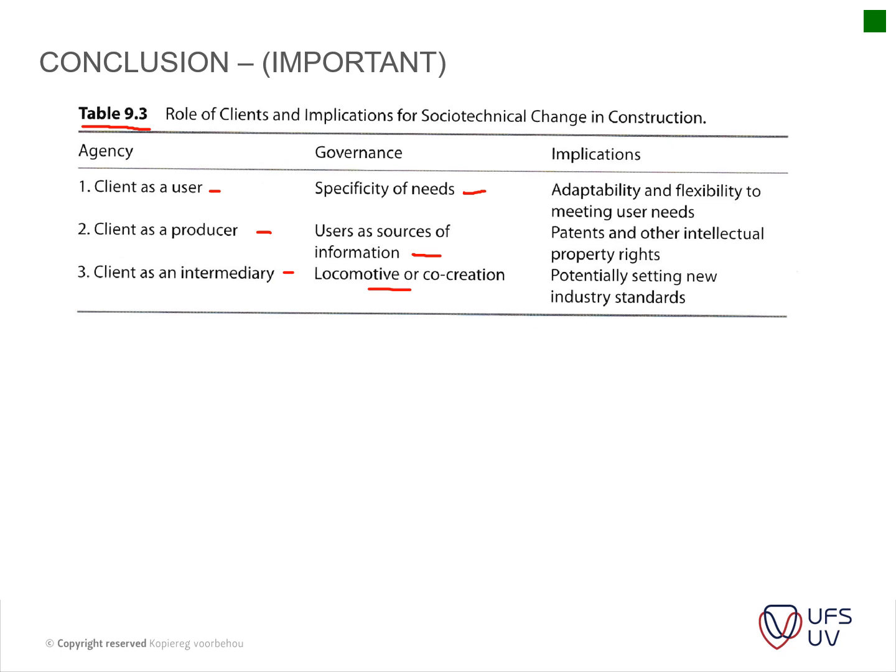And then you've got the implications of this: adaptability and flexibility to meeting user needs, and then you have your patents and other intellectual property rights going towards your producer, and then potential setting of new industry standards, your intermediaries. Okay.